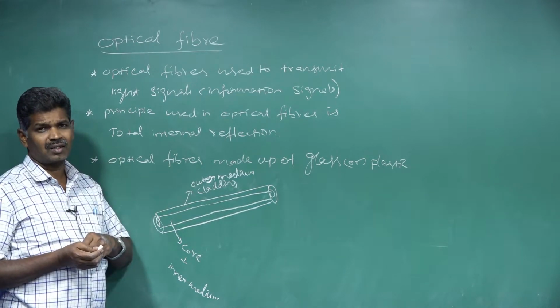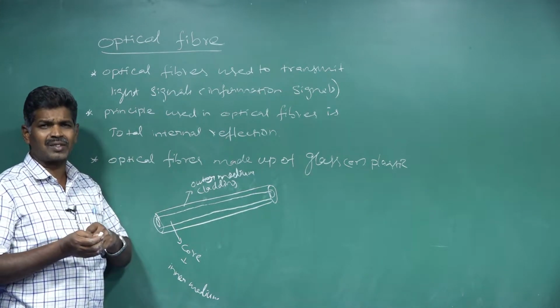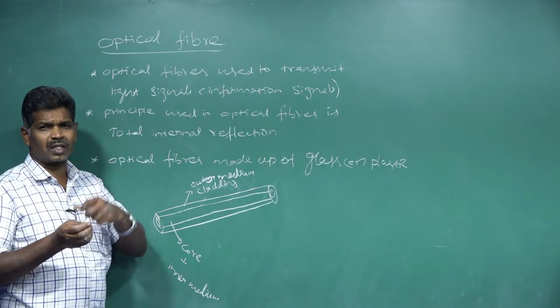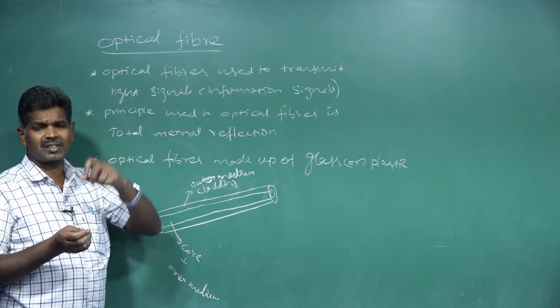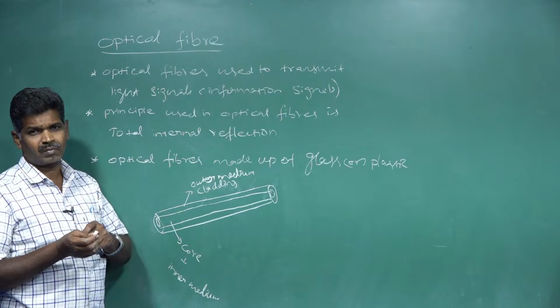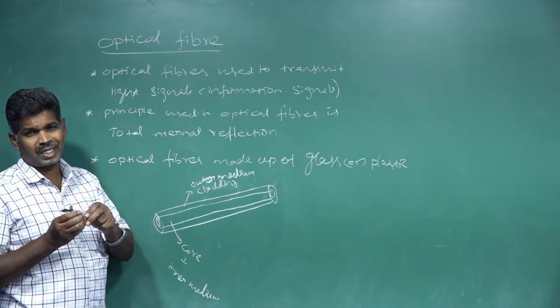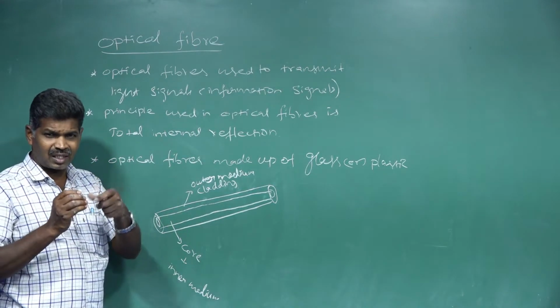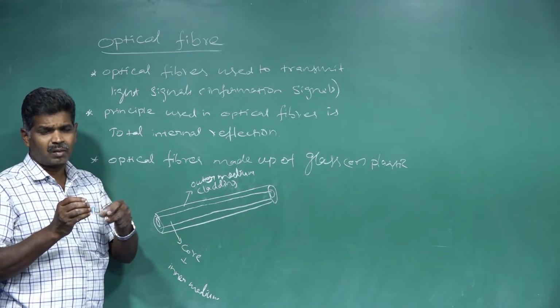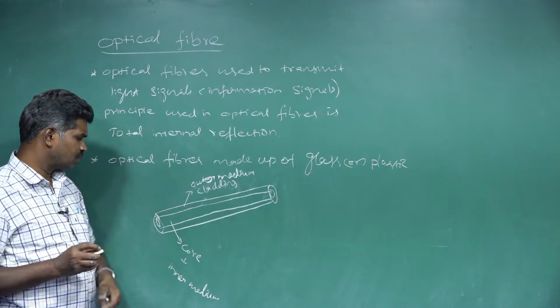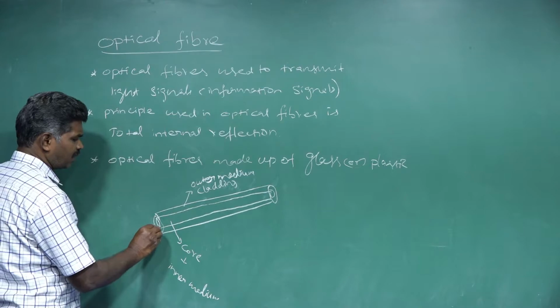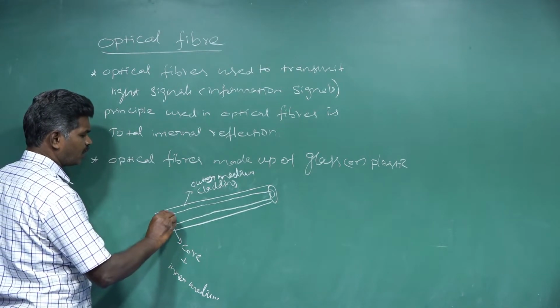Then, when light tries to move from the core to the cladding, if its angle of incidence is equal to or greater than the critical angle, the light makes a total internal reflection. That's why light can be transmitted from one end to another end.